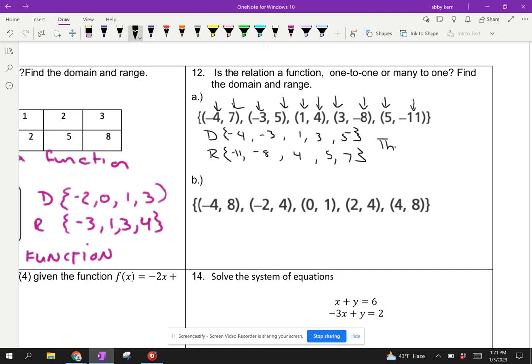This is a function. And it is one to one. Now, if I made a mapping diagram of this, we have negative 4, negative 3, 1, 3, 5.